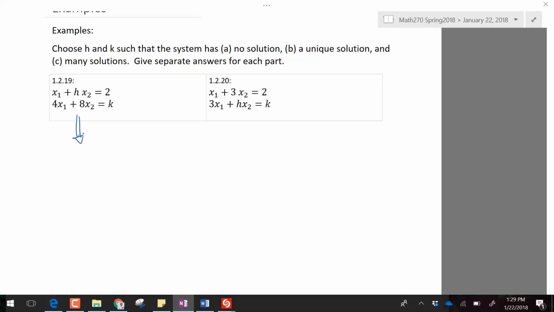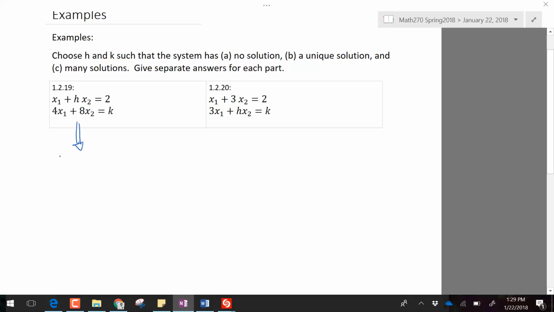All right, let's set this up and do some row reducing. We have some unknown variable h and 2. We have a 4 and 8 and k as your augmented matrix. And then we want to do some row reducing. So it looks like we could take row 1 and multiply that by -4, add it to row 2, and replace row 2.